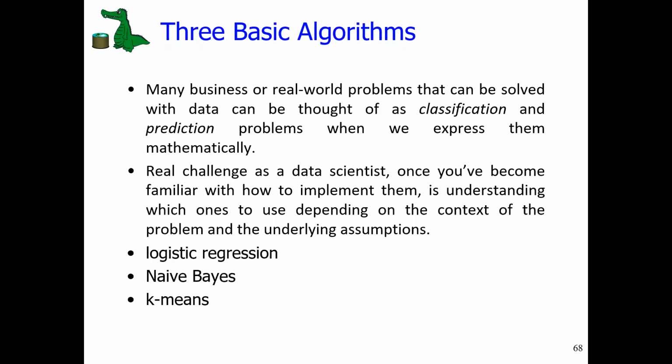When we use it, we are making the assumption that there is a linear relationship between the outcome variable and the predictors. The outcome variable is also called a response variable, dependent variable, or label.